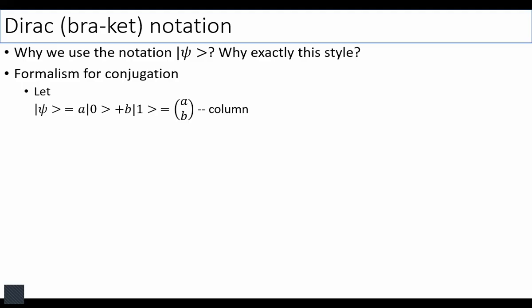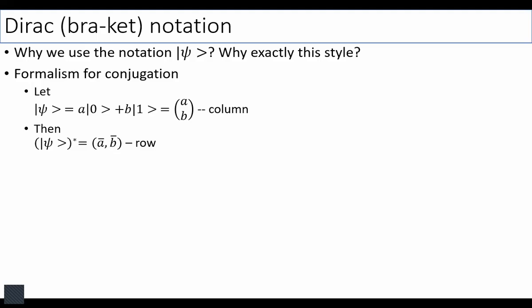Let us consider conjugation, which I sometimes denote with a star and sometimes with a bar on top. The conjugation of a column should be a row. It's a kind of transposing, but in linear spaces there is a notion of conjugate spaces, and the conjugate space consists not of columns but of rows.